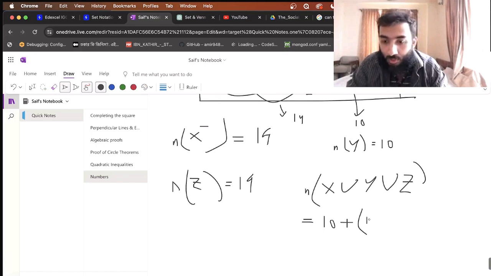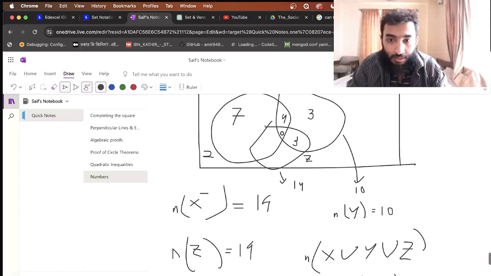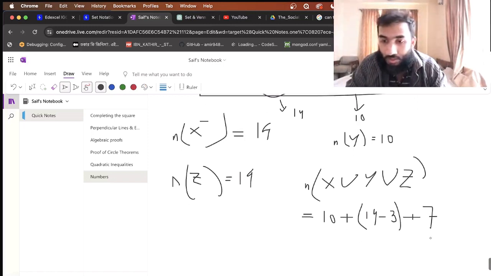So 14 minus 3 is 11. So this region plus this region is given as 7. So the number of elements in x union y union z is 10 plus 11 plus 7, which is 21 plus 7, which is 28.